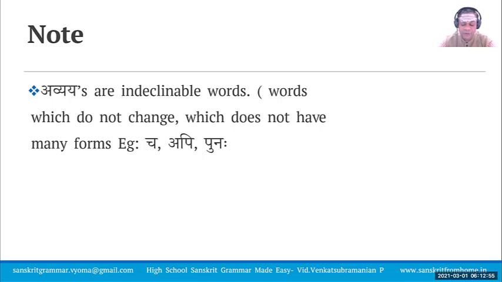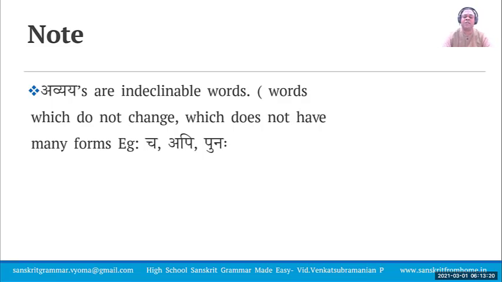Now, for example, if you take the case of Ramaha, Ramaya, Ramena, all these forms are possible. It is all derived from the root Rama. Now, in the case of Avyayas, there won't be any other form apart from one form. For example, the word cha. Cha means and. Api means also. Punaha means again.